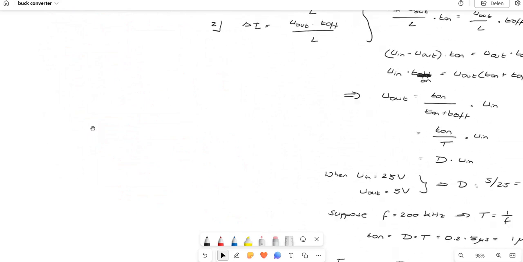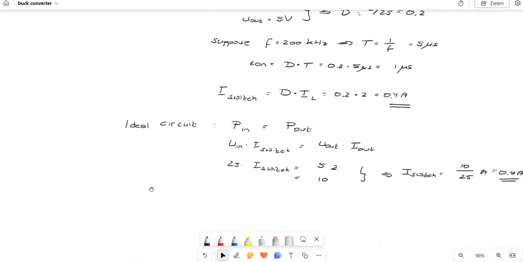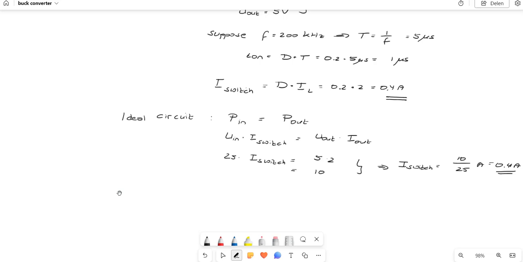So the average value of I diode is I out minus I in, which I have called I switch, so it's I out minus the average value of I switch, which is in this example 2 amps minus 0.4, which is 1.6 amps.